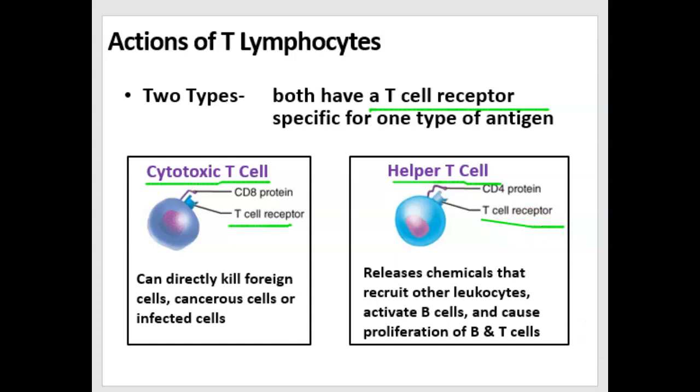And that T cell receptor is specific for only one type of antigen. But these cells also have other membrane proteins. And you'll notice that labeled on the cytotoxic T cell is a membrane protein called the CD8 protein. It's usually close to the T cell receptor. And the helper T cell has a CD4 protein, also located close to the T cell receptor.